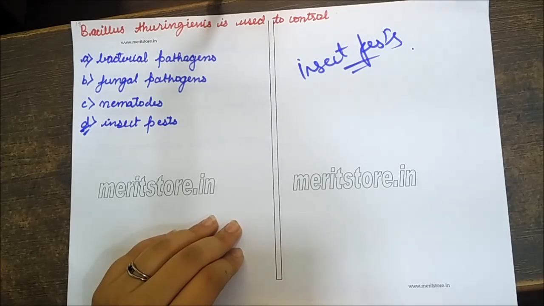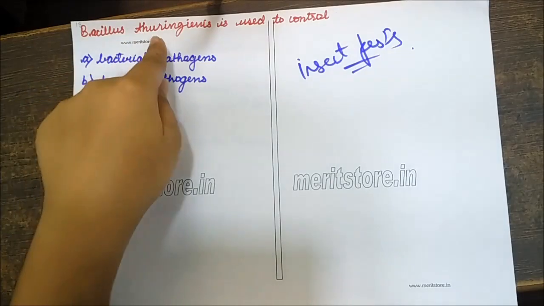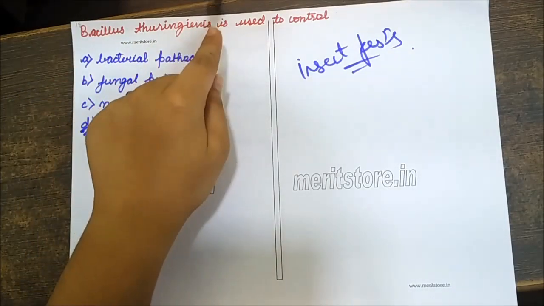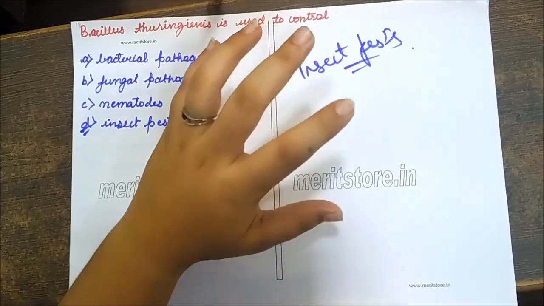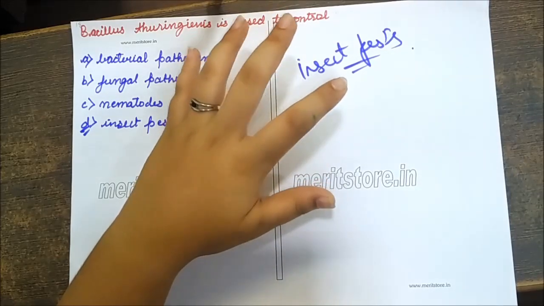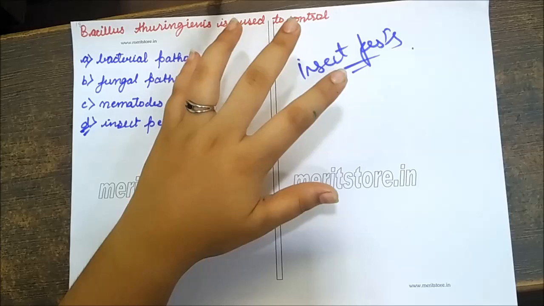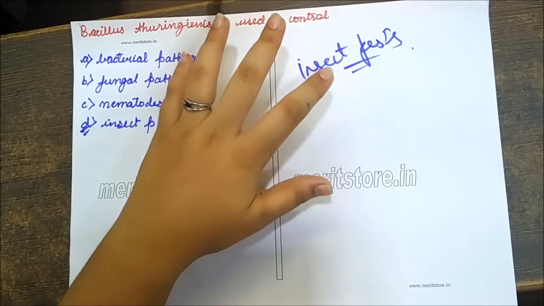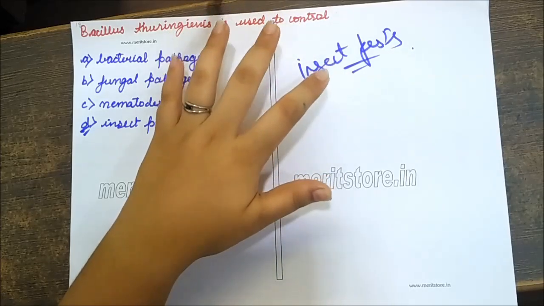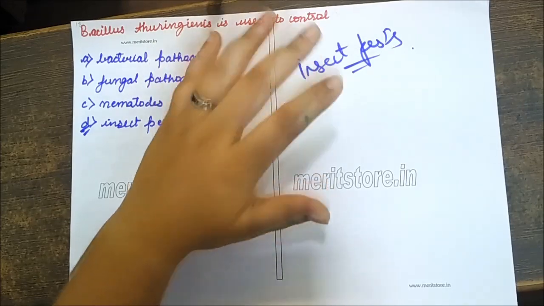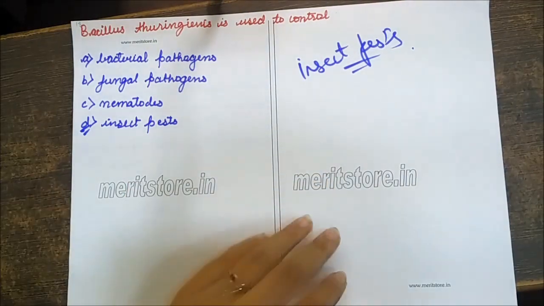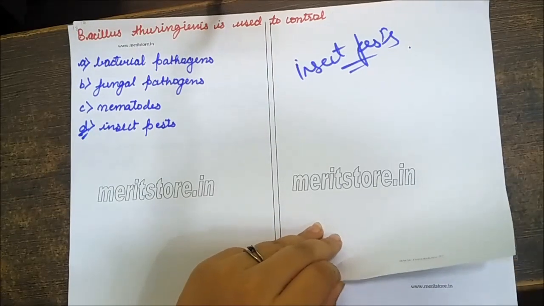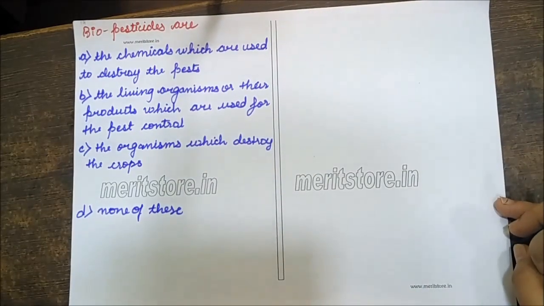Because of development of methods of genetic engineering, Bacillus thuringiensis toxic genes are introduced into plants. Such plants are resistant to attack by insect pests, and Bt cotton is one such example. Let's move on to the next question.